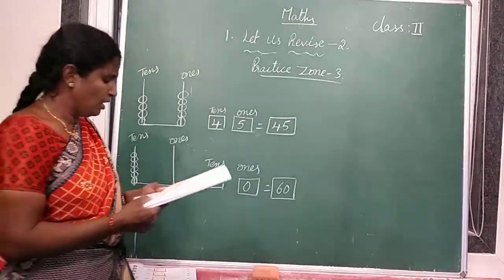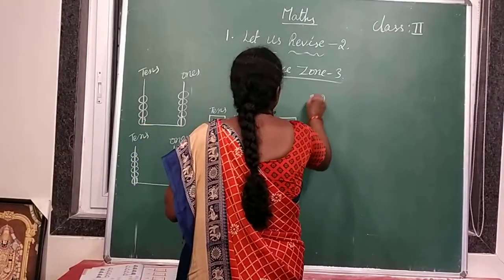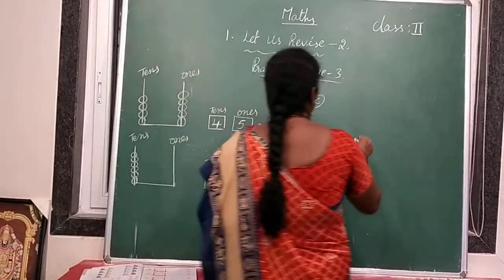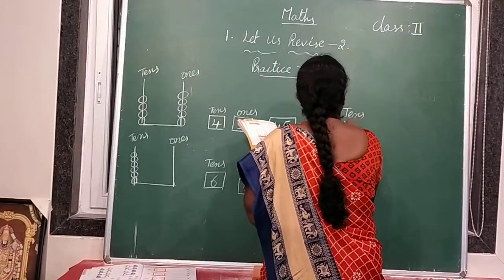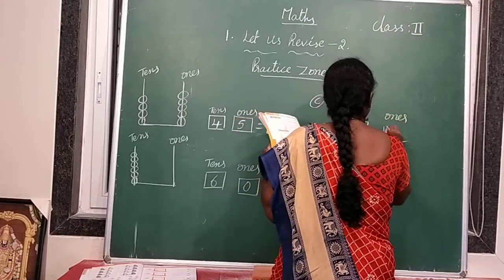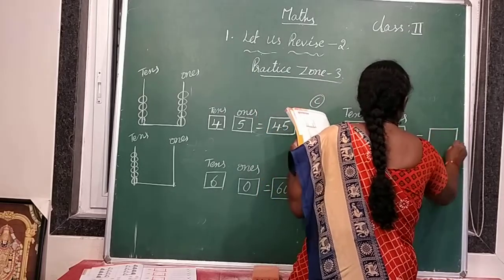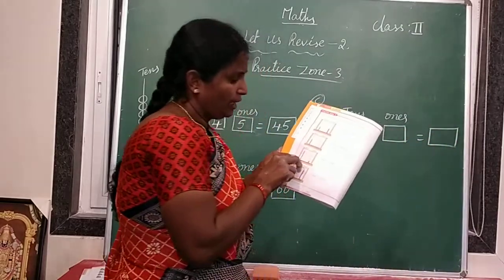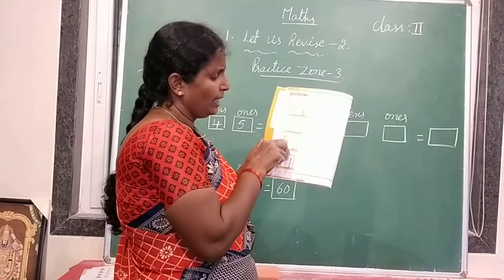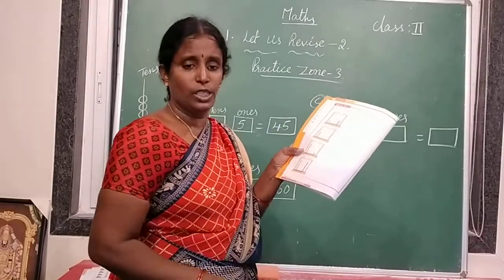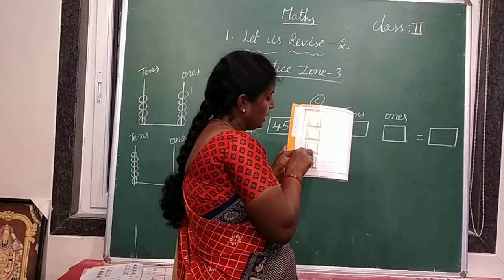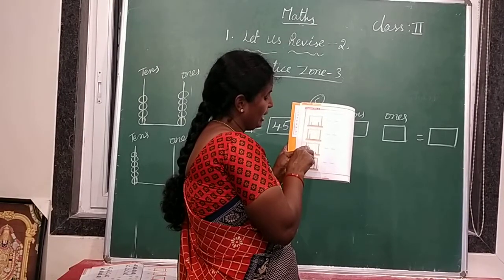Okay. And next, the third one. Count how many tens are there. Count in your textbook. 1, 2, 3, 4, 5, 6, 7, 8, 9.